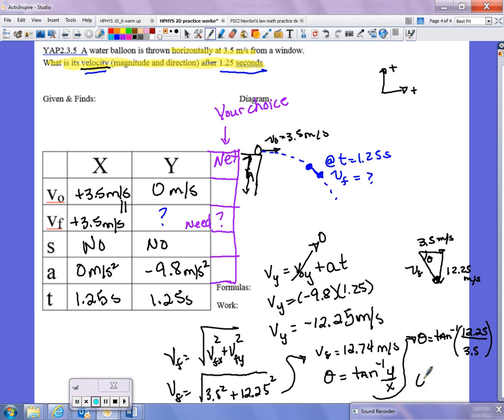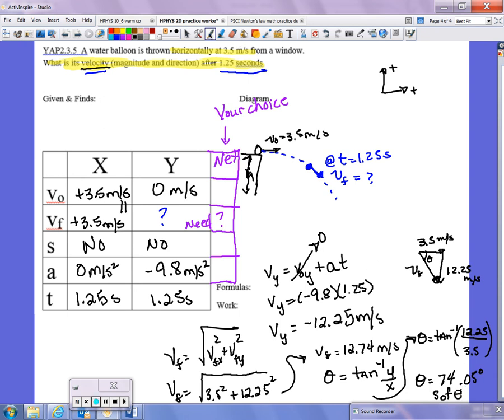And so that gives me theta is equal to 74.05 degrees south of east.